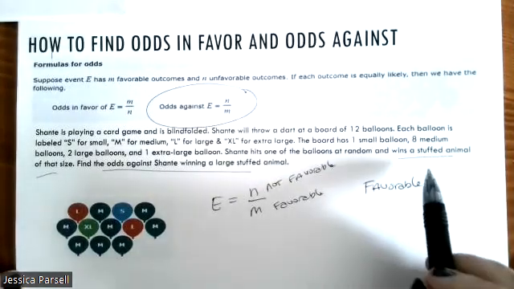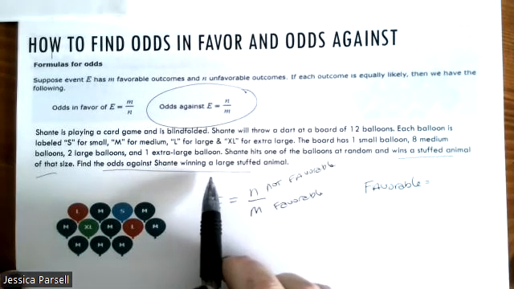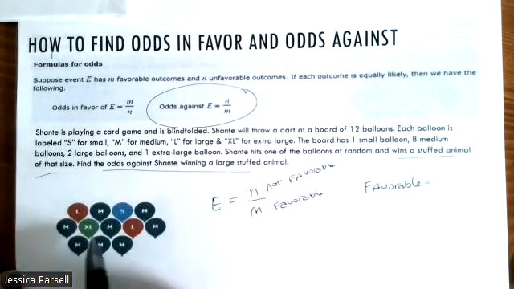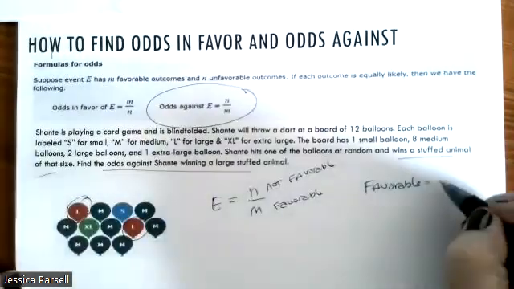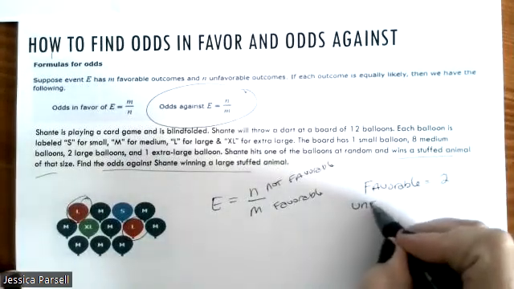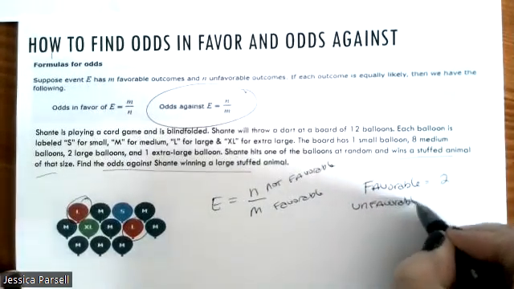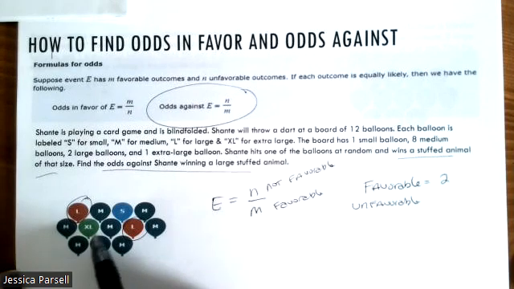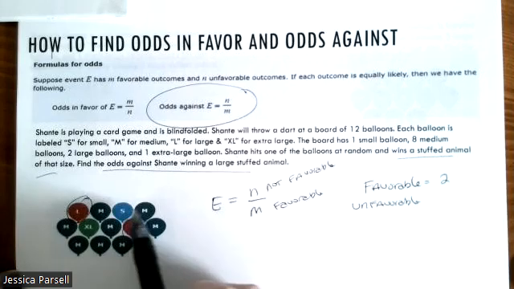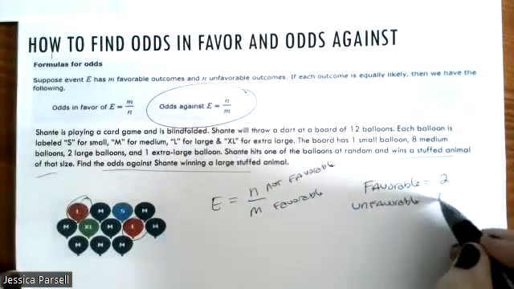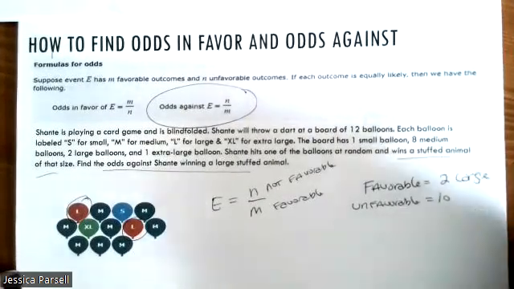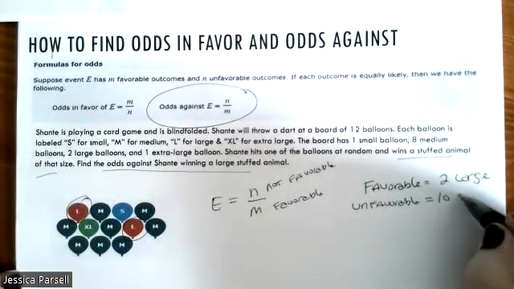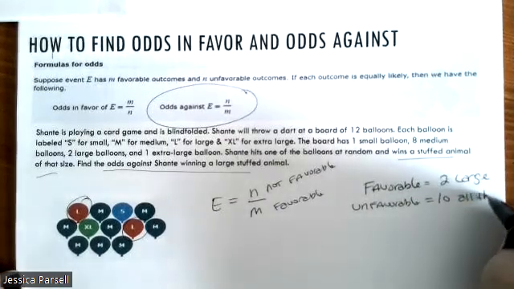Well, Shantae wants to win a large stuffed animal. So there's 2 larges in there. Those are the favorable ones. So I see 2. Unfavorable would be if Shantae gets those smalls, the mediums, or the extra larges. Well, that's 1, 2, 3, 4, 5, 6, 7, 8, 9, 10. So all the rest are unfavorable.